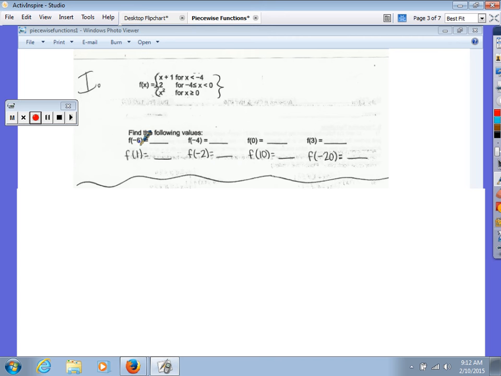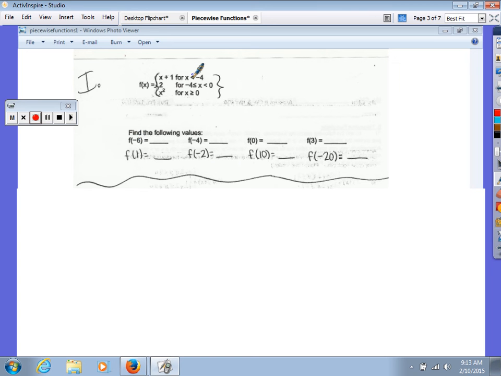You're plugging what? Very good. You're plugging -6 into f of x. So it still means x equals, right? Whenever it's in the parentheses, that's always our x coordinate. That's what we're putting in. It's our input.